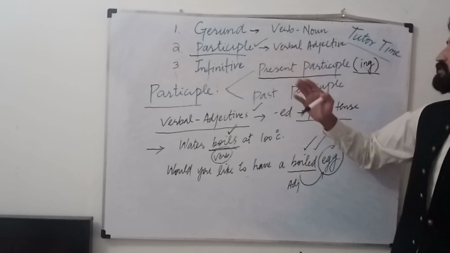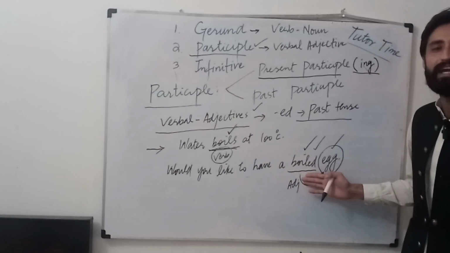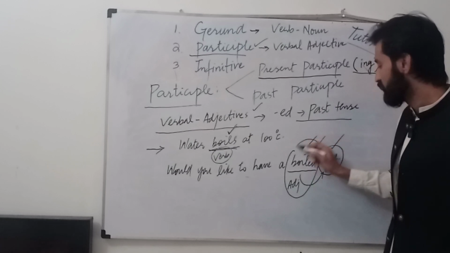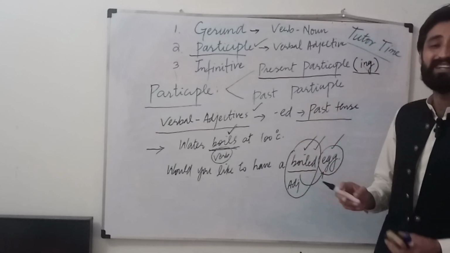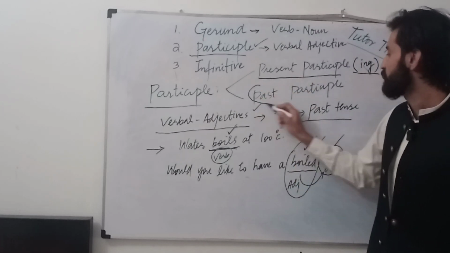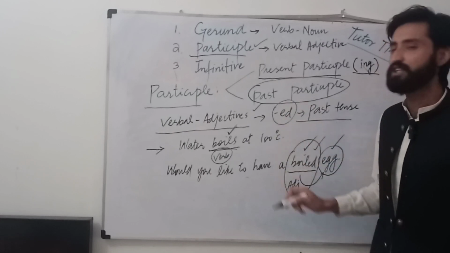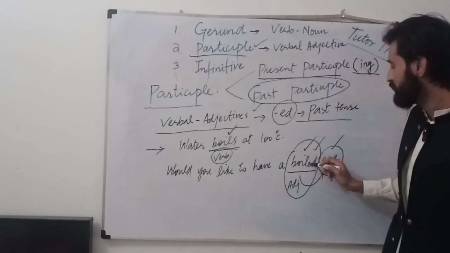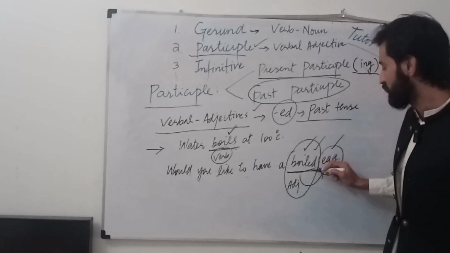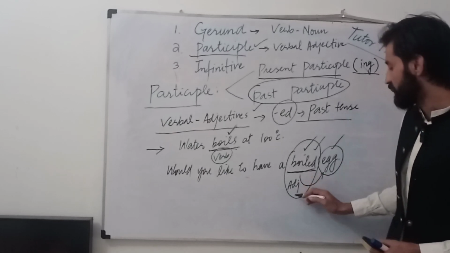So what we described as verbal adjectives: here it is a verb and here it is used as an adjective. And we said that verbal adjectives are gerunds and participles. But we are not explaining gerunds, we are talking about past participles. And as we explained earlier, past participles usually carry ed with them. So here you can see that ed is attached to boil, and that is what we call a past participle.